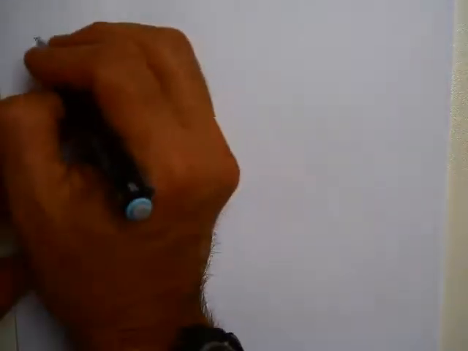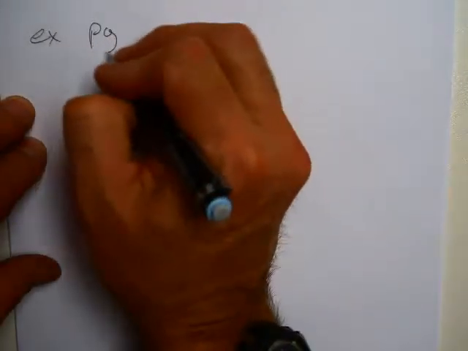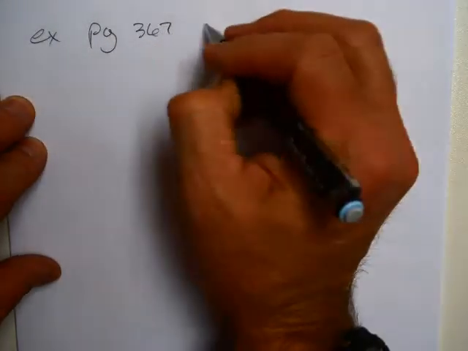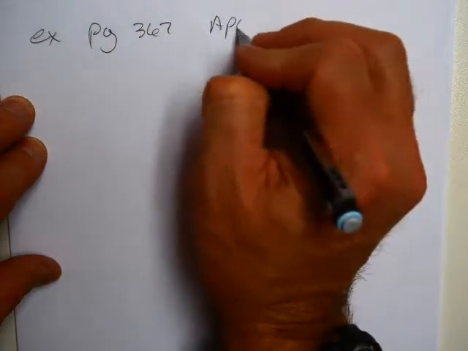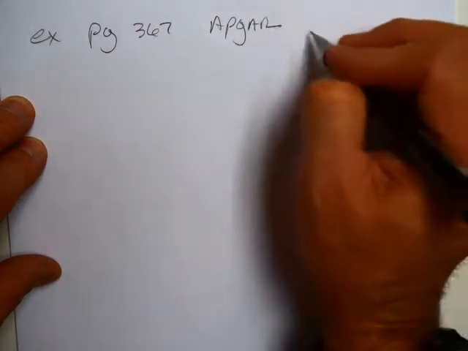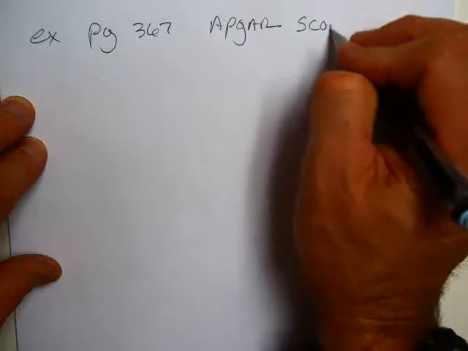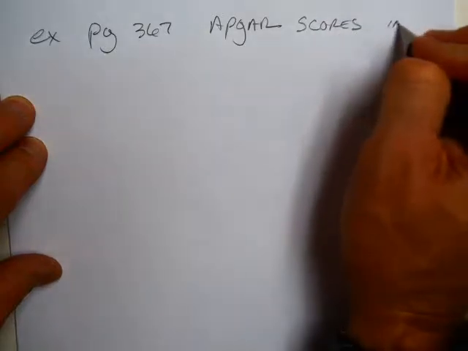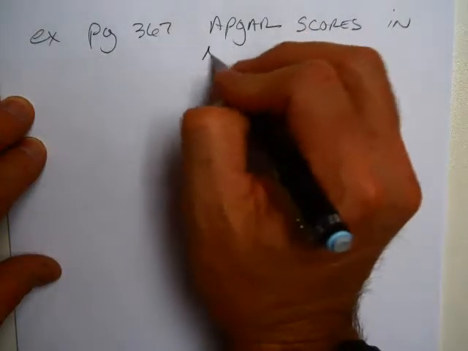So, let's write some stuff down here. Our example is on page 367. APGAR scores in children, specifically newborns.